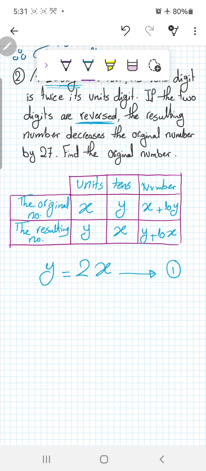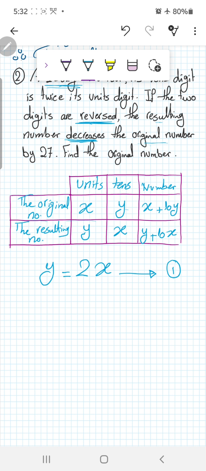If the 2 digits are reversed, we talk about the resulting number. The resulting number decreases the original number. We studied in preparatory: decreases means start from the second number. Here we have the second number which is the original and the first number which is the resulting. After decrease we start from the second number, so the second number means the original.